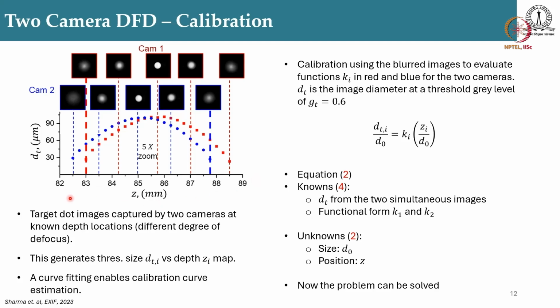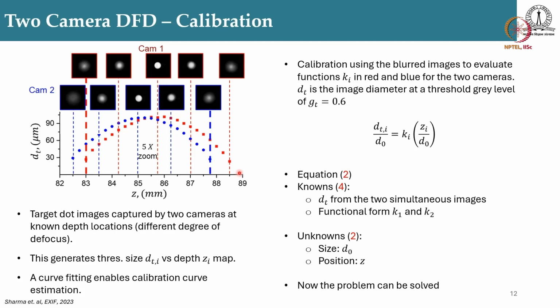So this curve is the calibration function that correlates dt with z, and we get a functional form something like this, two functions from this, and in this map we can fit a curve to get the calibration function. So this gives us the two equations, the functional form of two equations, which looks like an inverted parabola, and actually we fit a sixth order polynomial usually in this.